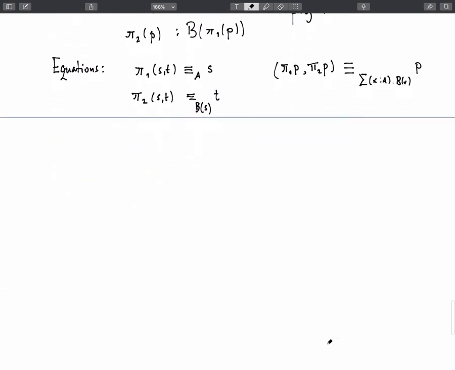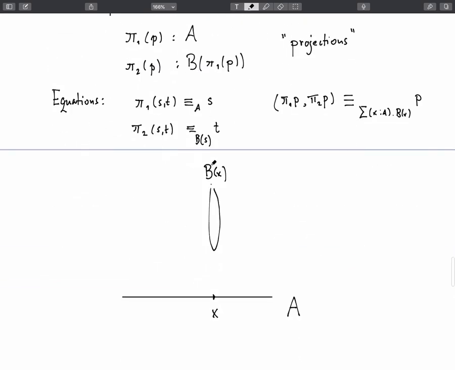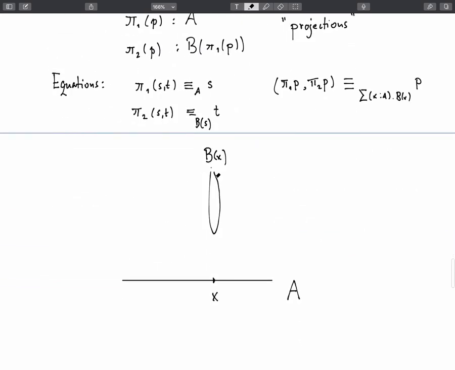What's the picture here? What did we just describe? Did we describe a familiar notion from homotopy theory? We have A. We have the dependent type, B. Here's B of x. As I move around, B of x changes. What is the sum? Where is the sum? What is the sum? It looks like the total space, right?